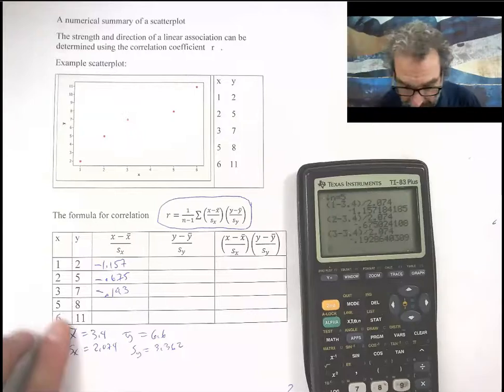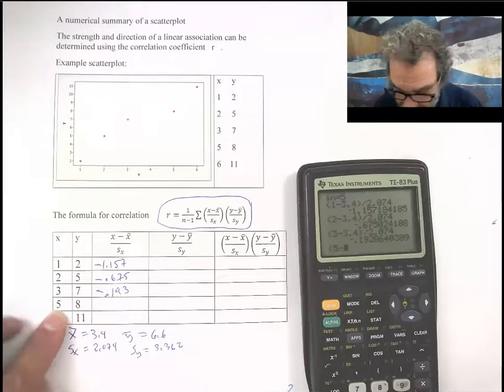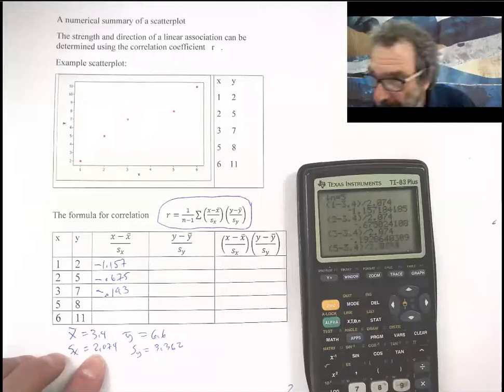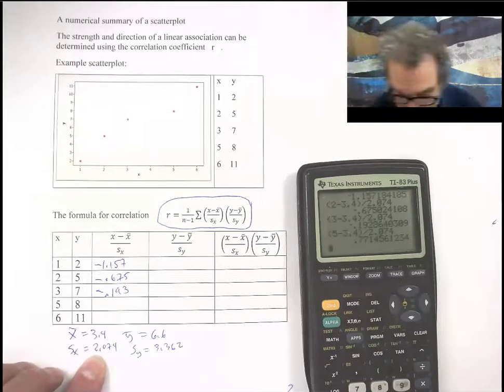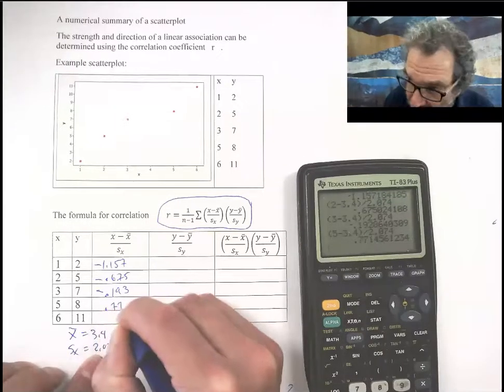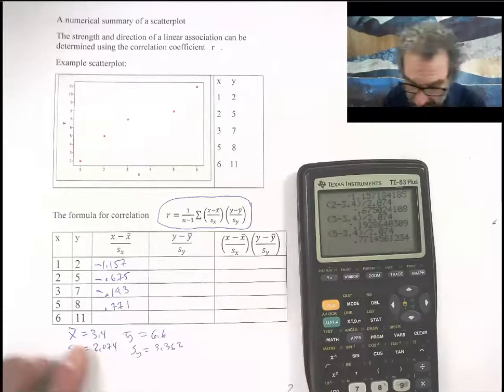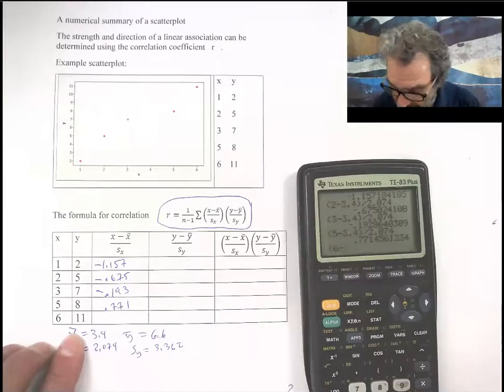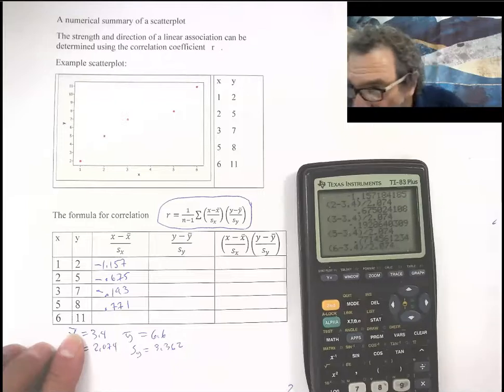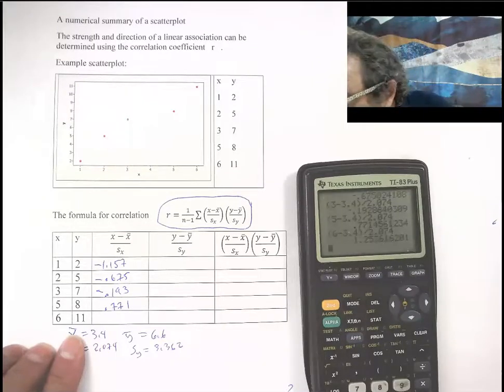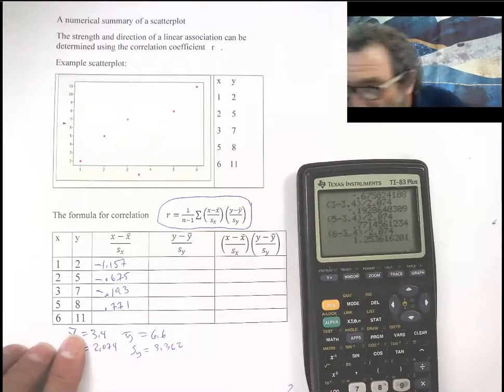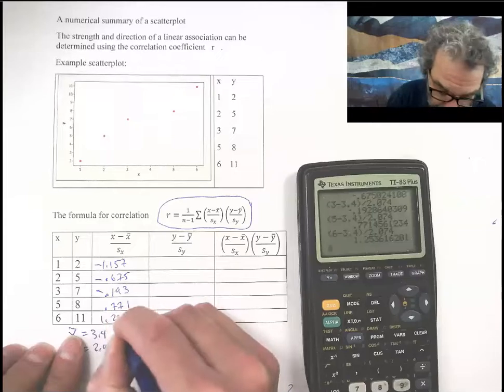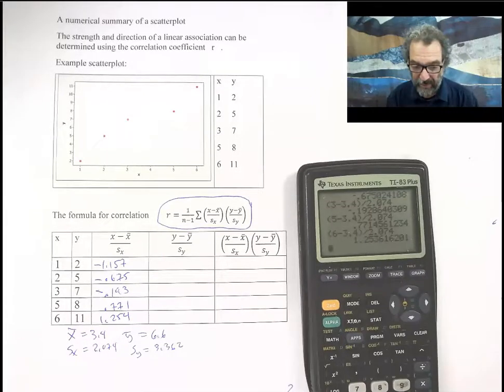Okay, and then parentheses 5 minus 3.4 divided by 2.074. 0.771. 6 minus 3.4 divided by 2.074. 1.254. So those are all the scores corresponding to the x's.